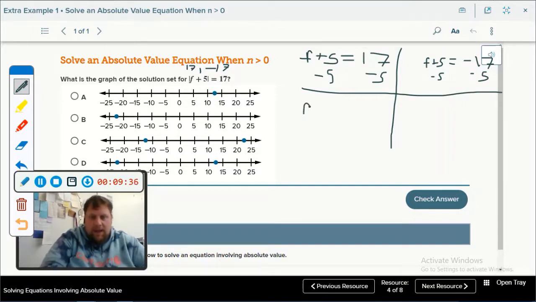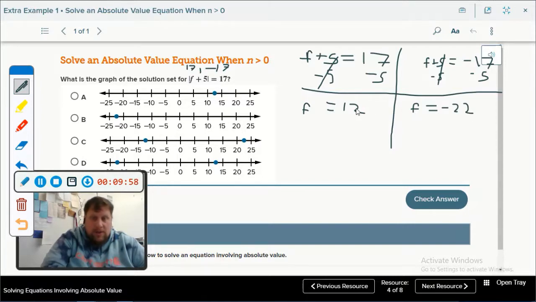I'm going to get f equals 17 minus 5, which is 12. And I'm going to have f equals negative 17 minus 5, right? This one was a war, 17 won by 12. This one's a party, a negative party, and they add up to negative 22.